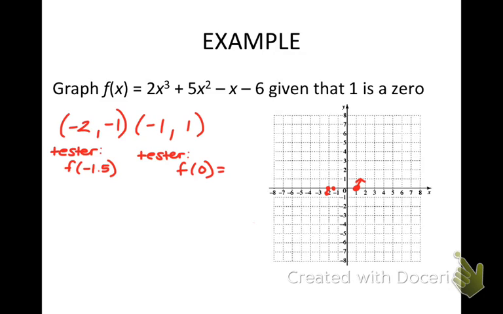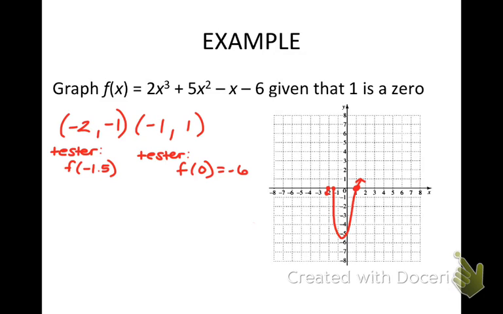Negative 6. Good. So because I get a negative 6 at 0, what should be happening between negative 1 and 1? It should be going down and then somehow popping back up. Do I know it's popping back up at 0, negative 6? No, I'm not quite so sure about that. But I know I'm probably going to have something happening where it's going down and then coming back up.